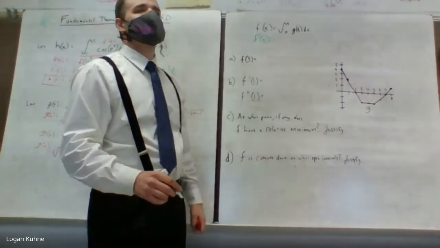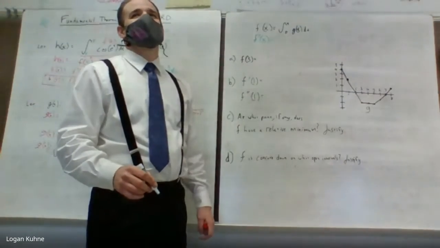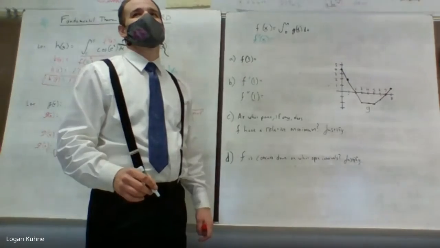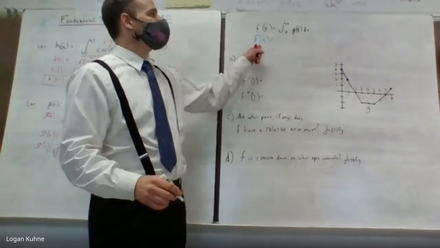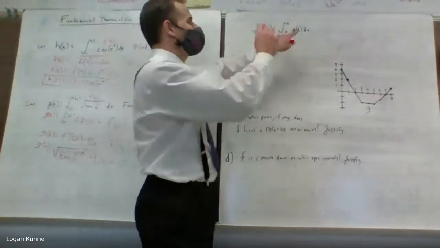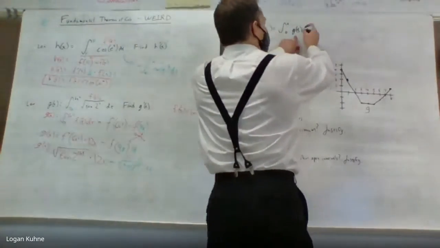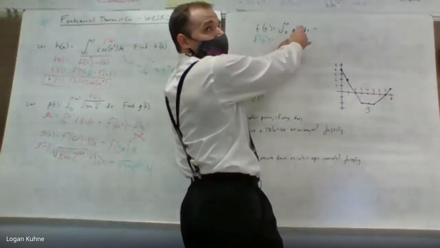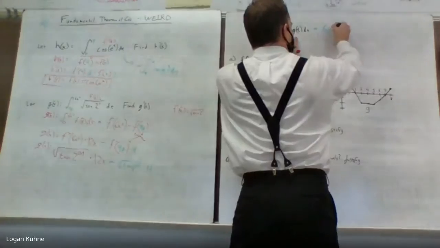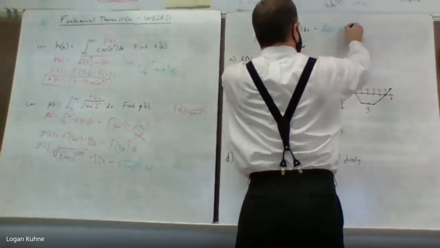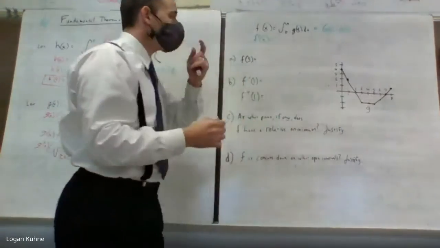Not g prime, nope. Let's go through it. If you anti-derive little g, we would call it big G, right? Big G of x minus big G of 0. Okay, fine. I don't know what g is.